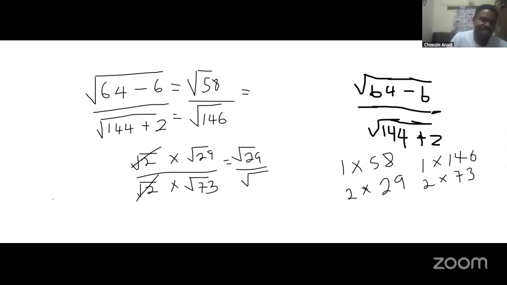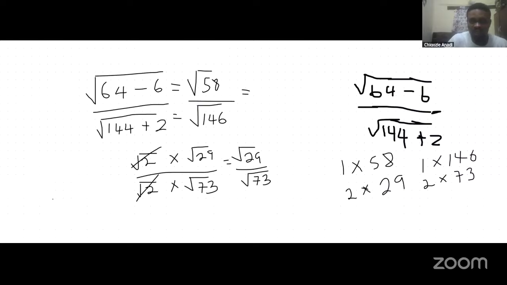That's our answer. That's why I wanted to be sure of the question, because I was expecting them to give you a question that will give you a squared number as the answer. But since the question is root 64 minus 6, this could be our answer.